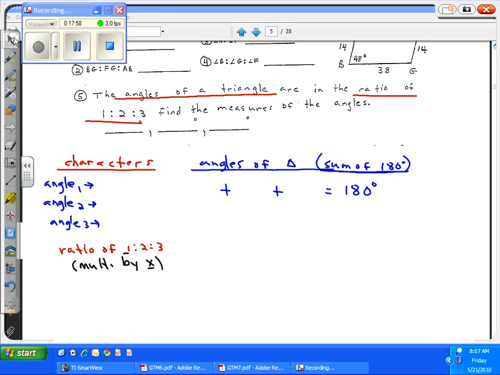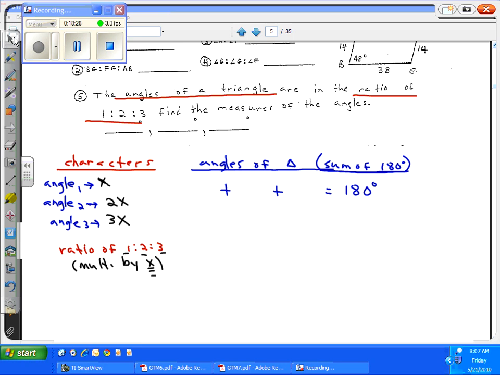So we're going to have 1 times x, 2 times x, whoops, it's 2x for the second one, and then 3 times x for the third one. So we multiplied each member of the ratio, the 1, 2, and 3, by x, and we've got x, 2x, and 3x for the angles.